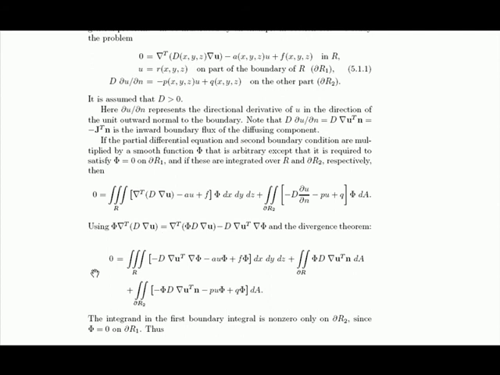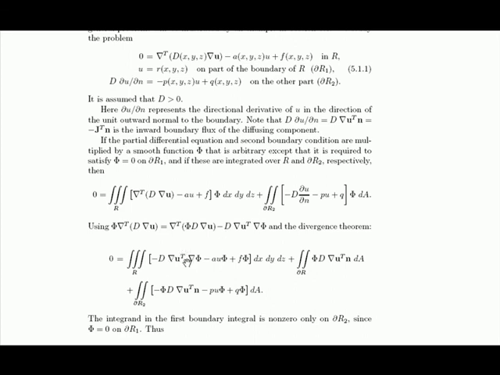You can look in the review of multivariate calculus at the book homepage, but this is a standard formula from multivariate calculus. And so we replace this term here, phi times divergence of d gradient of u, by these two terms.